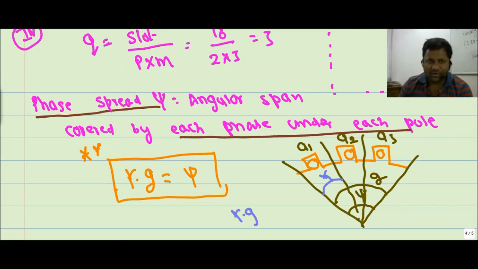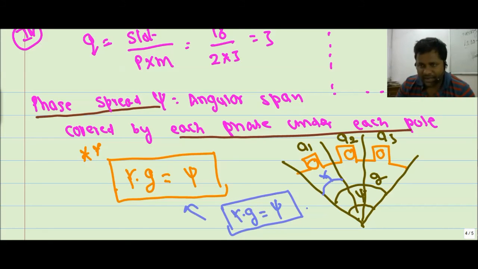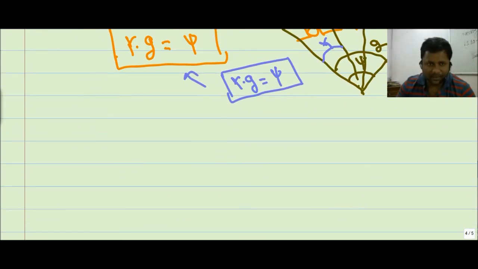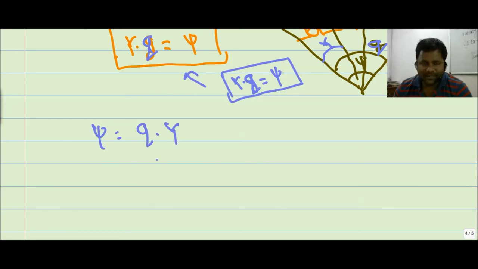If gamma is multiplied by Q, then we can call it xi. This is our next relation: xi is equal to gamma into Q.